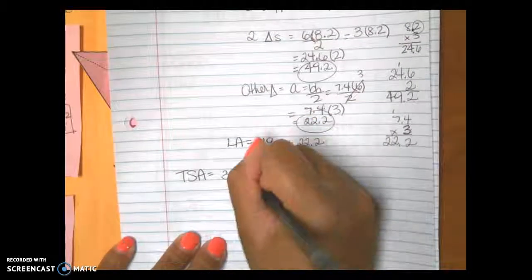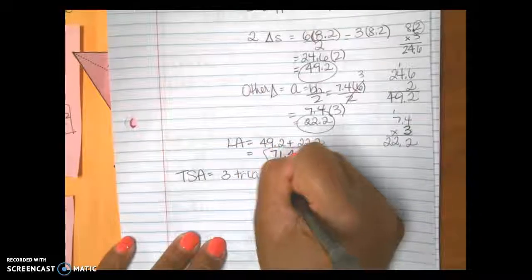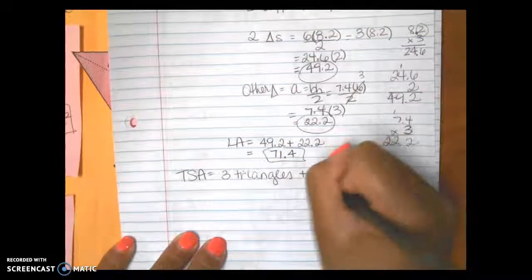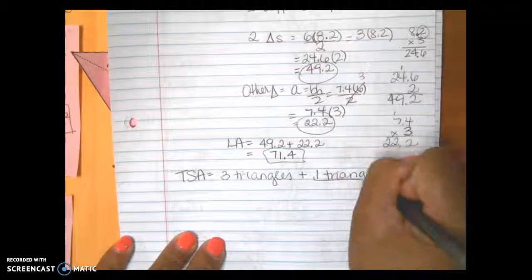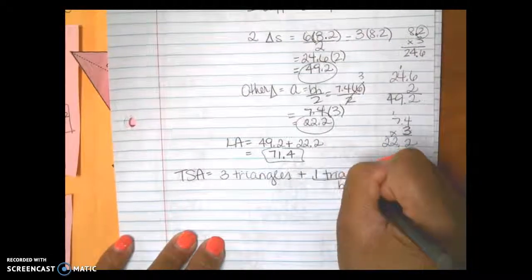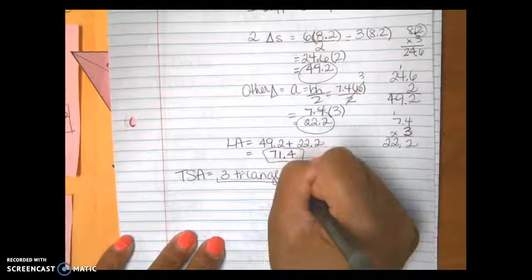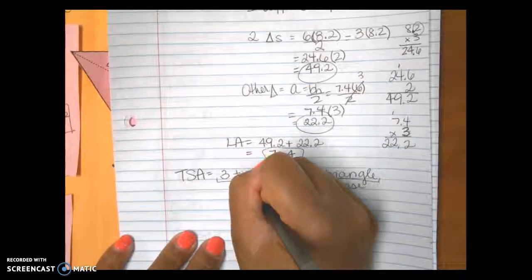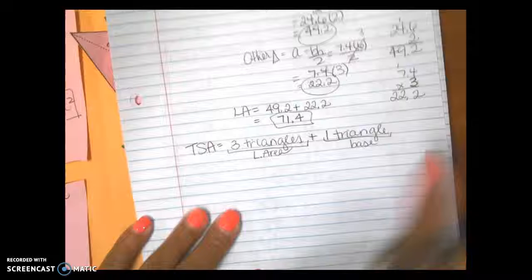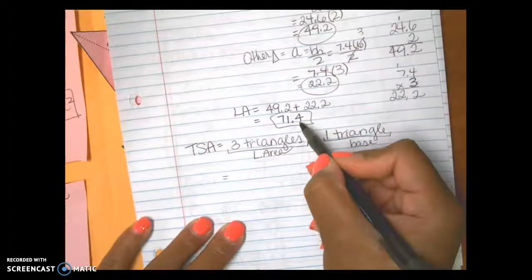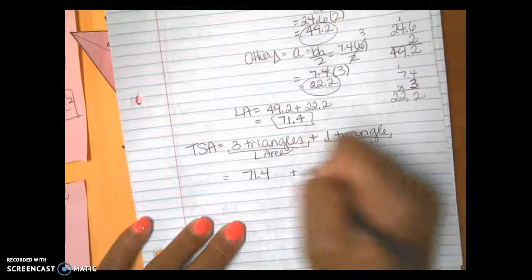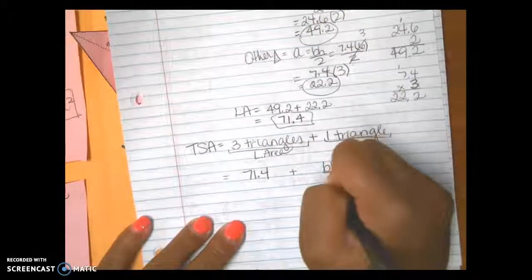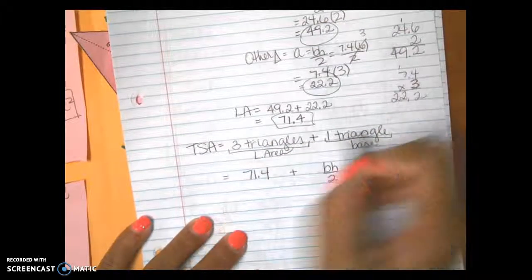So 3 triangles plus 1 triangle. This 1 triangle you just said is my base, and these 3 are my lateral area. I already know my lateral area, which is 71.4. Then I need to add another base times height divided by 2 because it's a triangle.